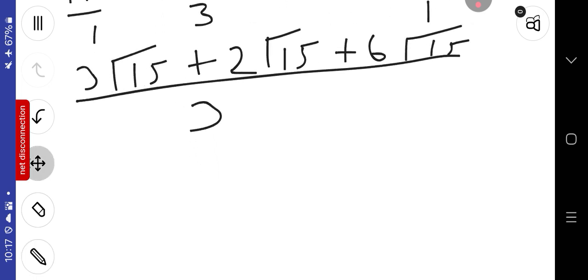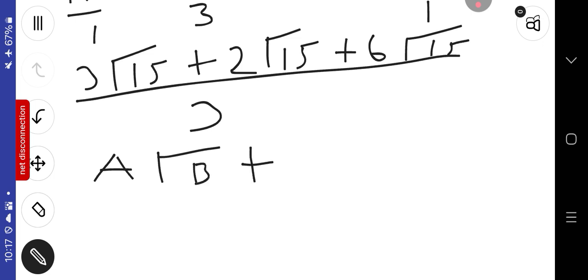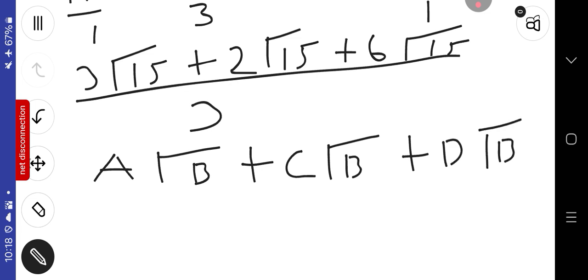Now insert. If you're having A root B plus C root B plus, let's say, D root B. Now once they are all adding, the ones that have the same square root, we pick one of the square roots.